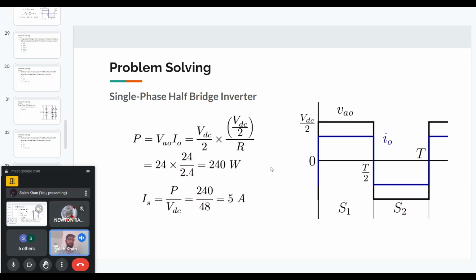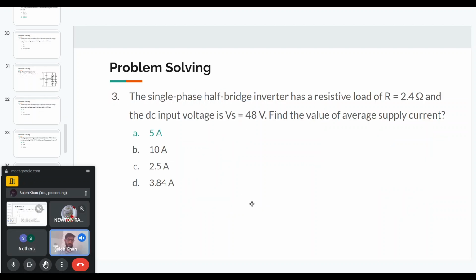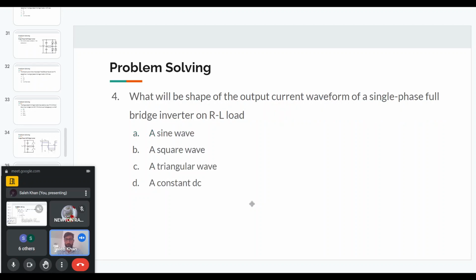We are assuming that there are no losses, or the losses are negligible compared to the load power. Then the supply current will be the power divided by the DC voltage, so 240 divided by 48. The supply current is 5 amperes. So the answer to this question is A, 5 amperes.